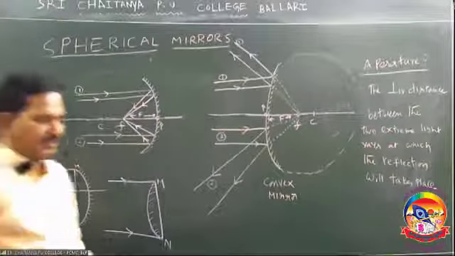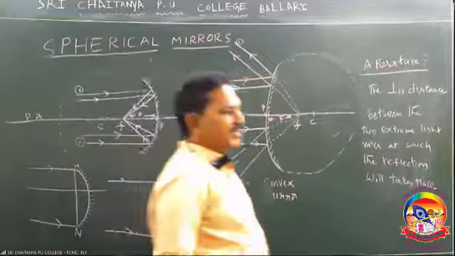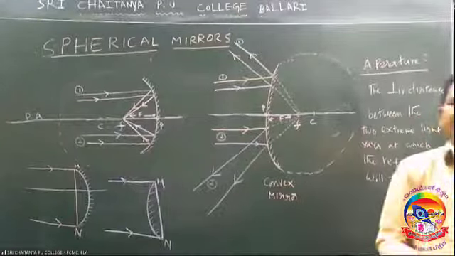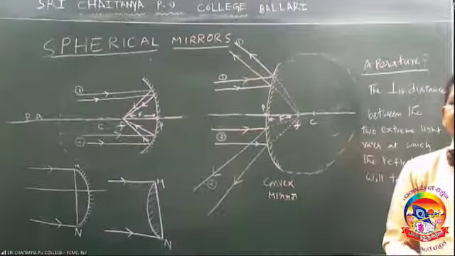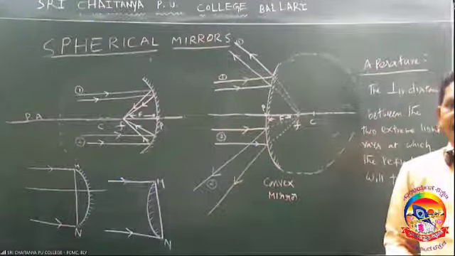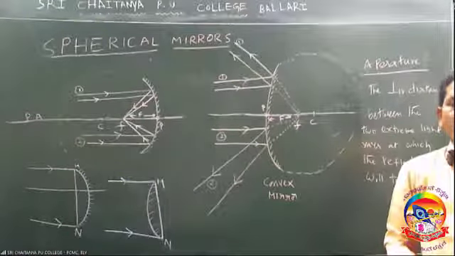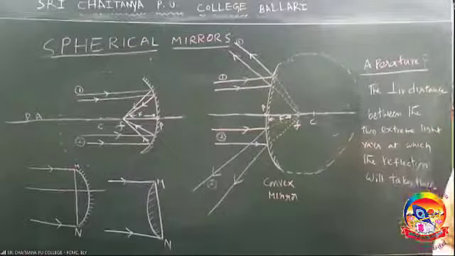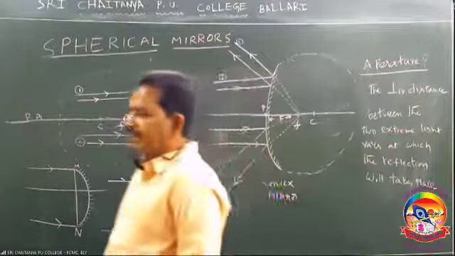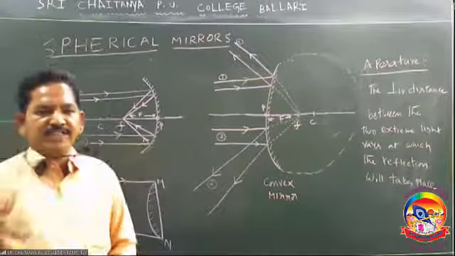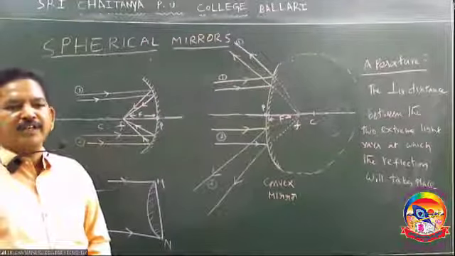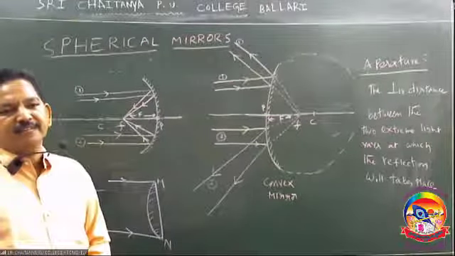So today, what we discussed? We started the spherical mirrors. We saw the definition. A spherical mirror is a part of a complete sphere in which one surface is polished and the other surface is the reflecting surface, the entire gist of the class. Next, spherical mirrors are of two types: concave mirror and convex mirror.